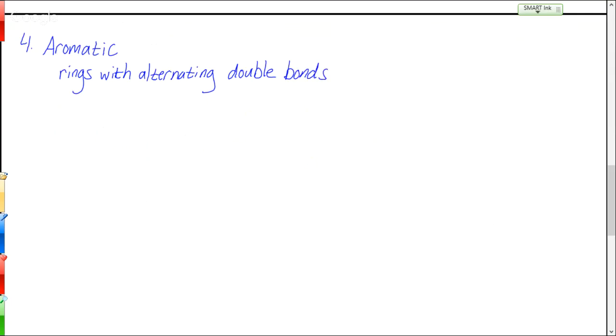Those alternating double and single bonds end up giving these compounds a special stability, which is why we think of them as a separate functional group, even though they're still just single and double bonds.